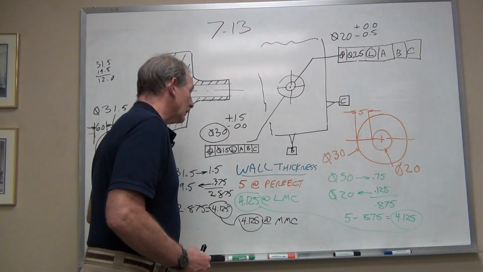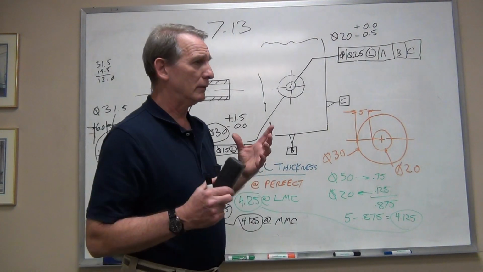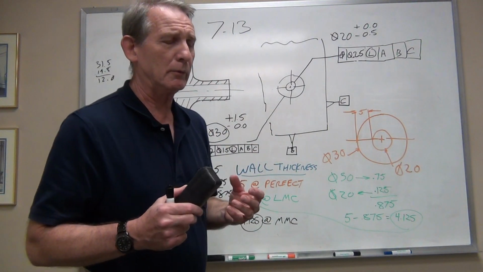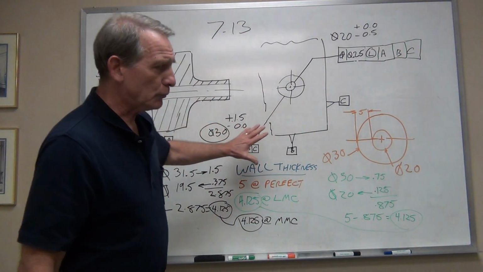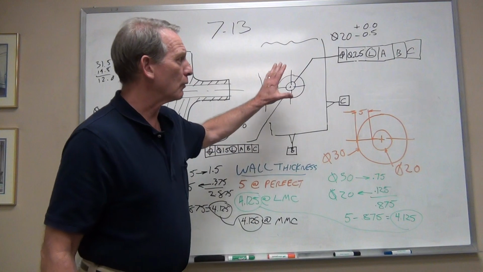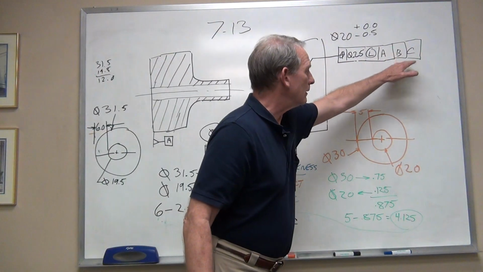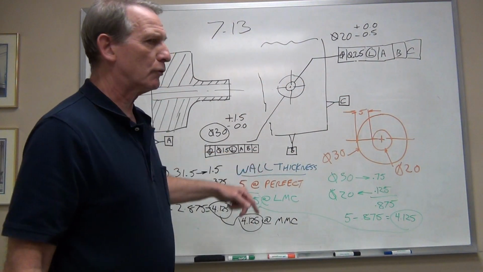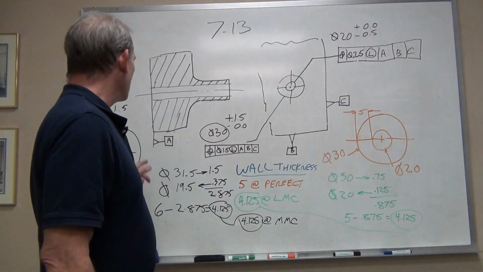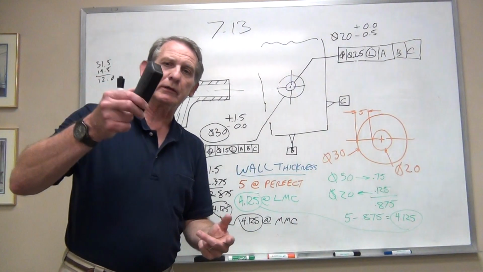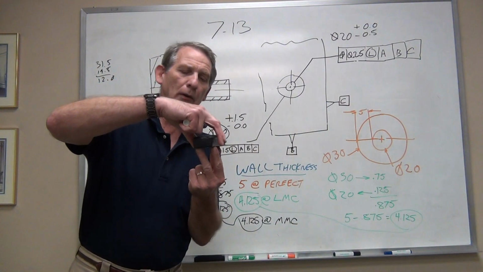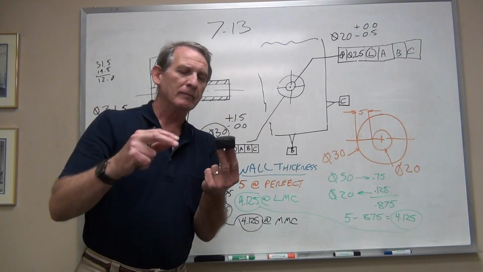Now let me take just a quick aside here, just so that this will refresh your memory and reinforce the notion about constraints. You always want to look at where your datums are. In these instances we've invoked three datums, A, B, and C. A is the bottom of the part, so here's the block. Bottom of the part is constrained.